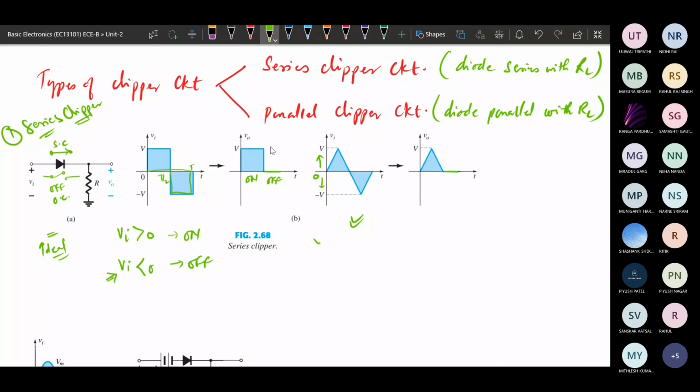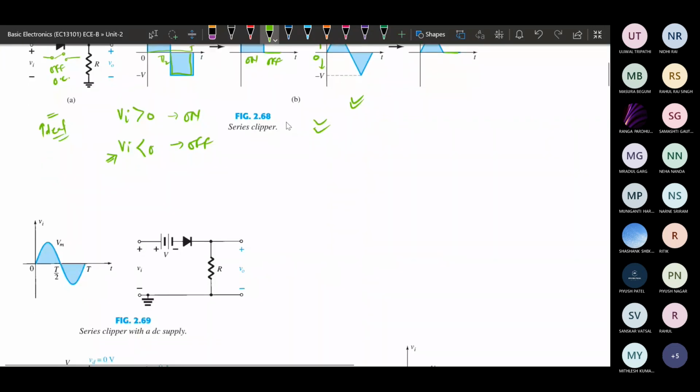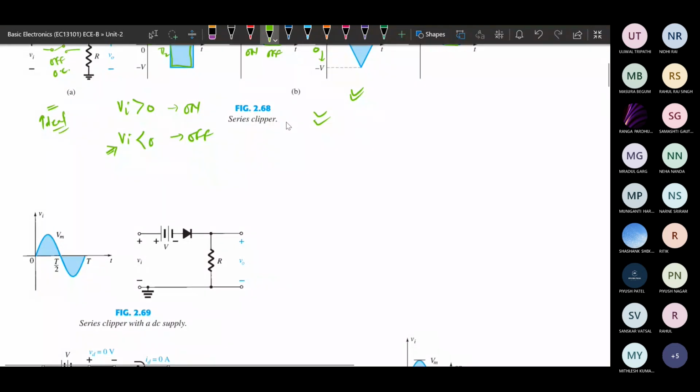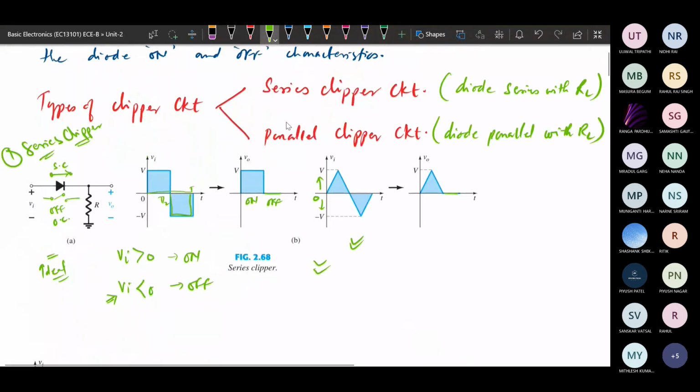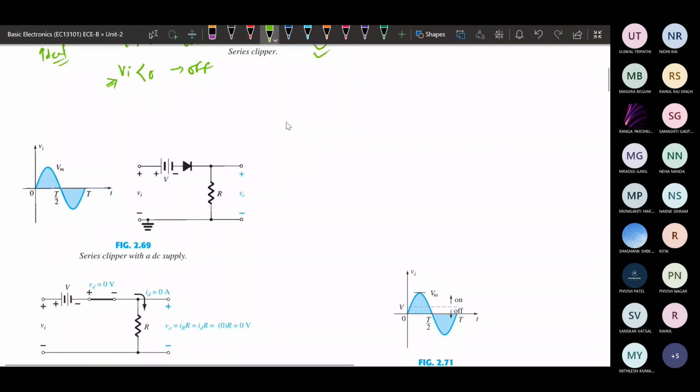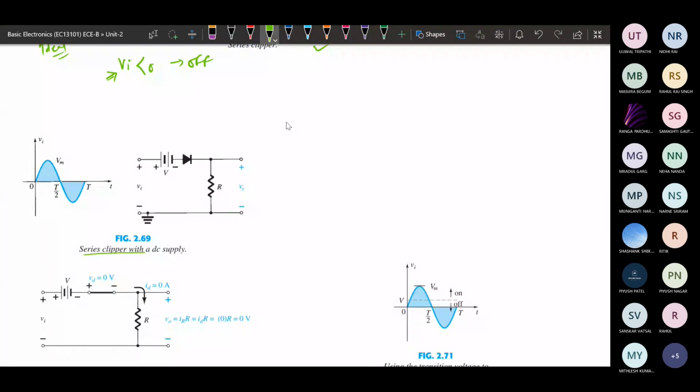Another example we will see. This was the case of a simple single diode. Here we are using a diode with a supply voltage, an extra voltage across this diode.